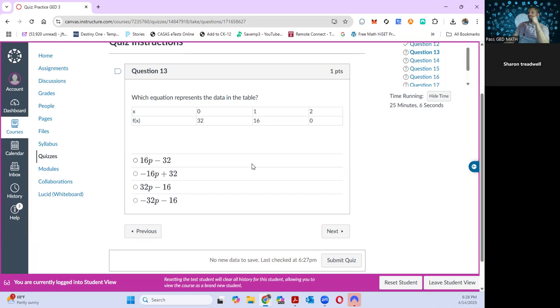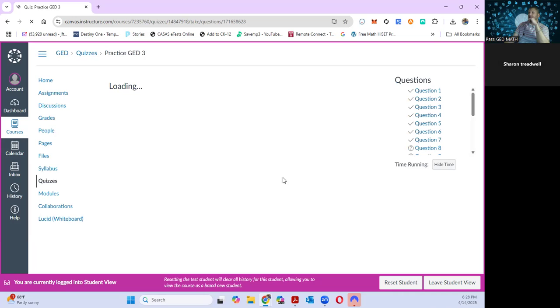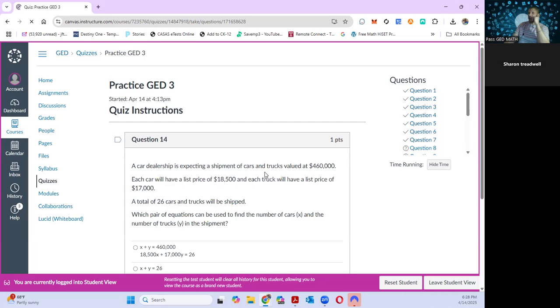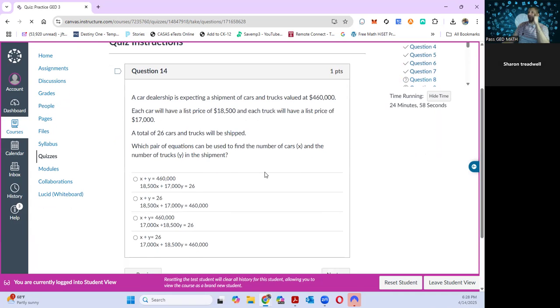I'm gonna say C. I didn't pick that. It's exactly what I wanted. I picked A. A car dealership is expecting shipments of cars and trucks valued at $460,000.